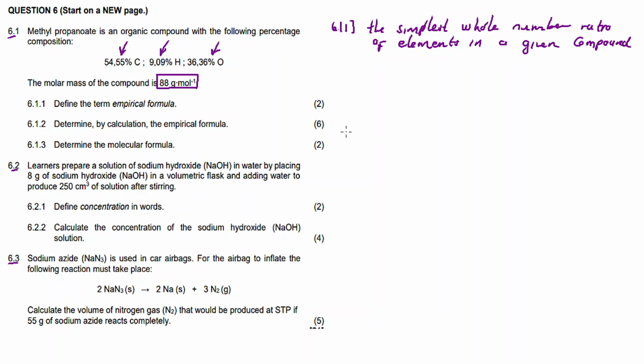This is the definition of empirical formula. It's not the true formula, but the simplest formula of the given compound.